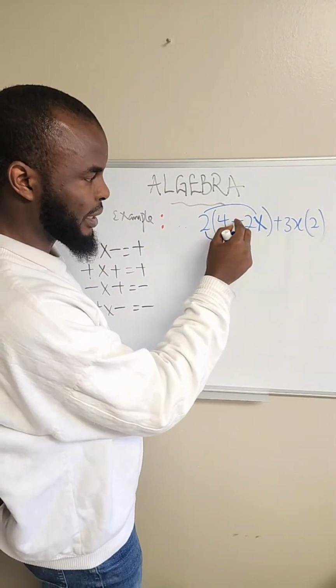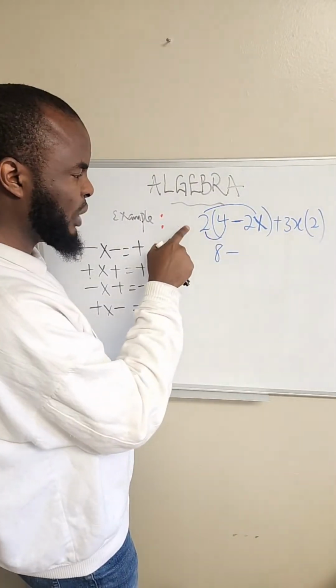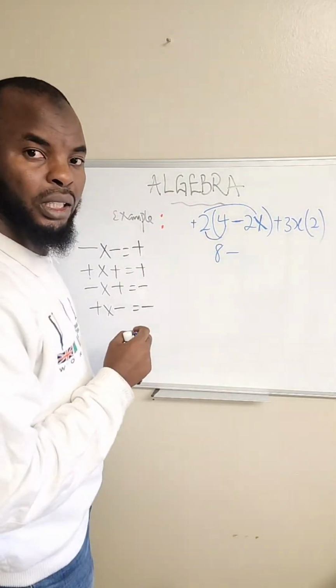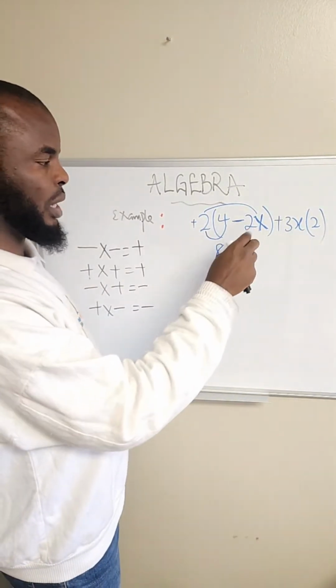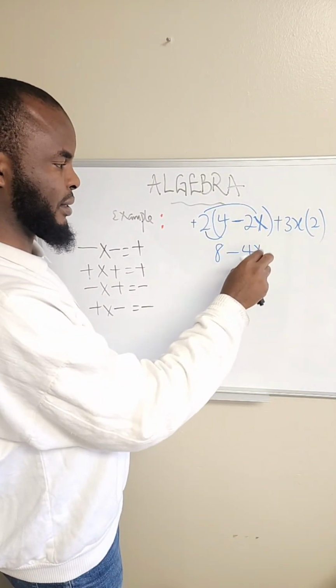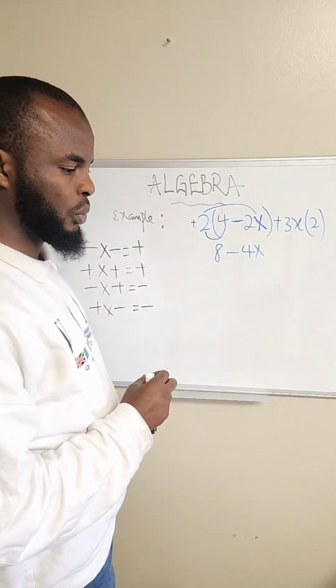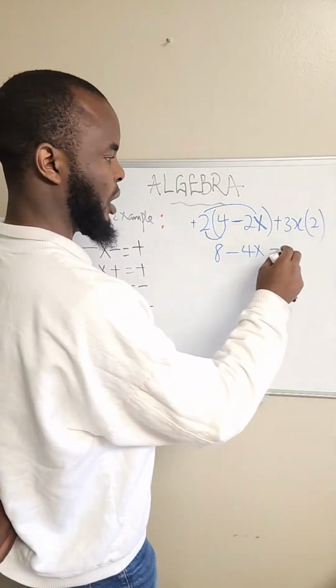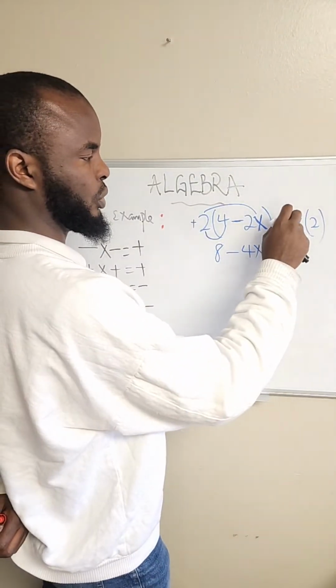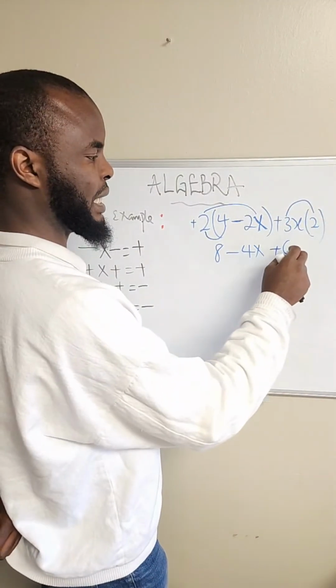Take note of the sign. I'm using negative here because we assume this is positive. And positive times negative is automatically negative. So 2 times 2x will give 4x. Okay? Plus 3x times 2. Just multiply the coefficient, which is 6x.